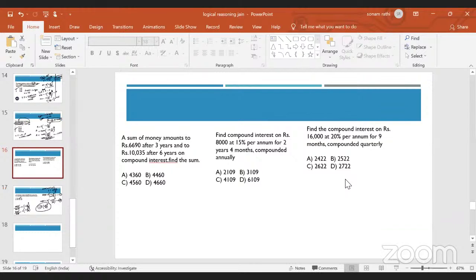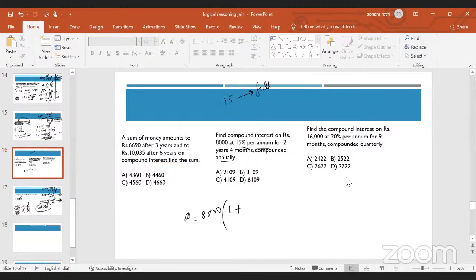Question number 2. Find compound interest on rupees 8,000 at 15% per annum for 2 years 4 months, compounded annually. So amount is equal to 8,000 into (1 plus R by 100), 15% for the full year.